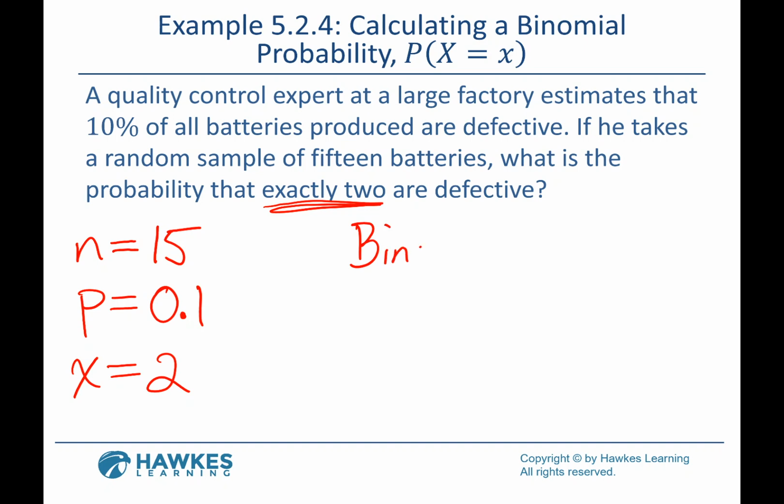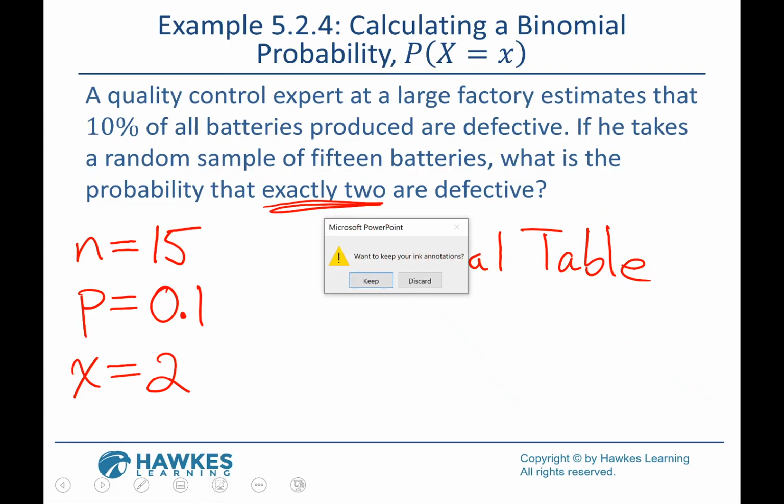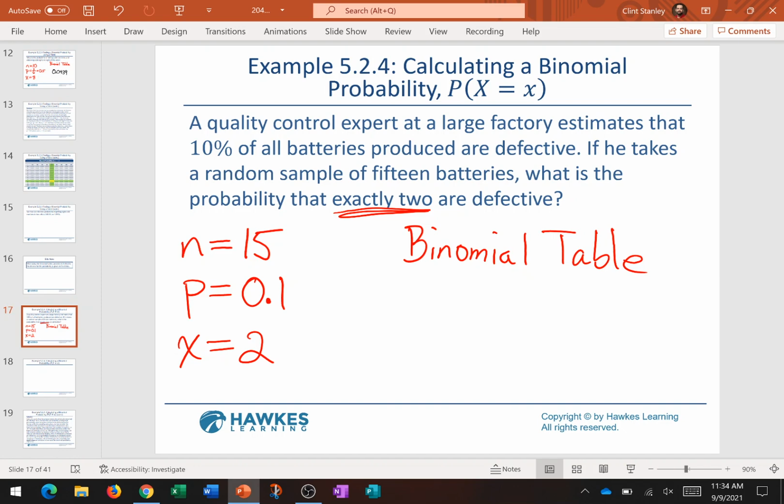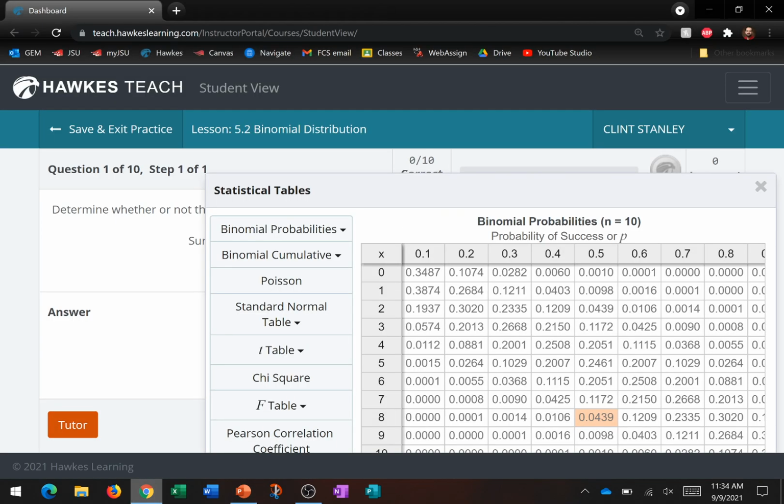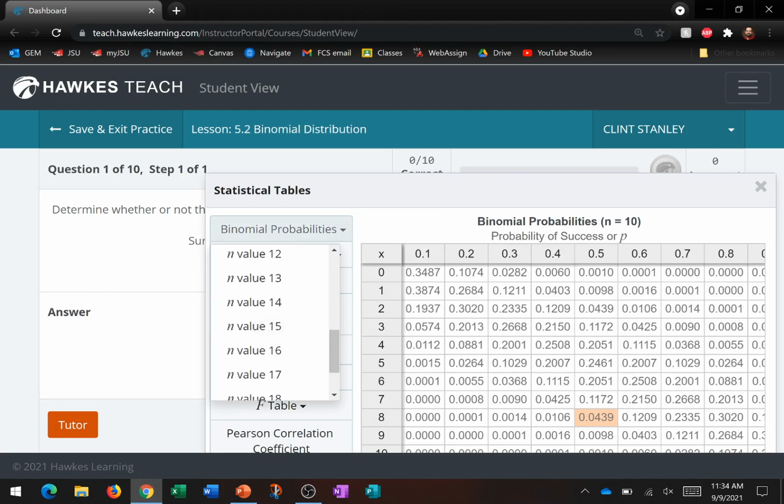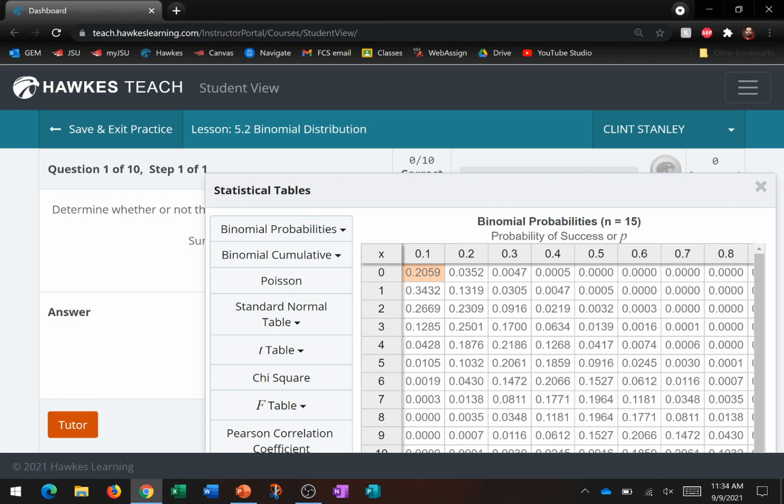Okay, so we'll go to the binomial table again. We'll be pros at this. Got an N of 15. P of 0.1, so we'll leave that where it is.